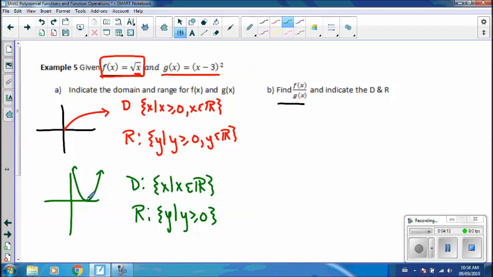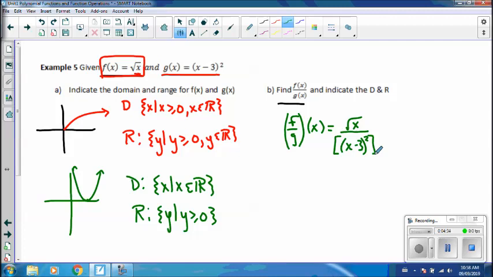So now for this, f over g of x, I put this in my calculator as the square root of x divided by, and you want to use brackets here around this in the calculator, x minus 3 squared, like that.